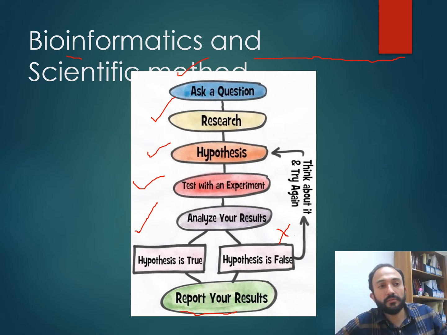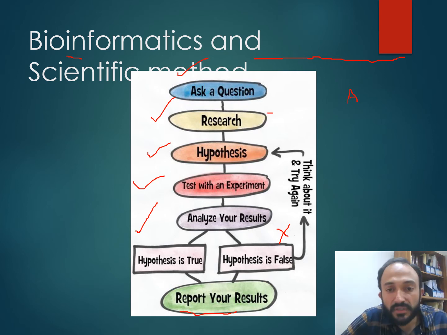For instance, if you have a question that I want to find whether the expression of a gene, any gene, is associated with cancer or not, right? This is the question. Then you perform research and try to come up with an idea whether that is known in the literature.